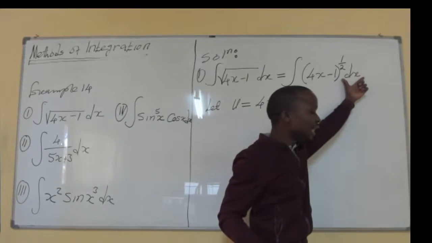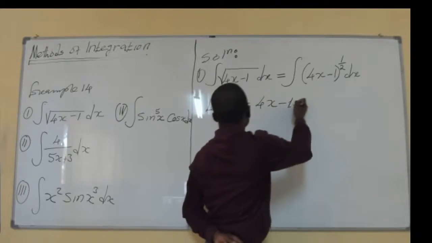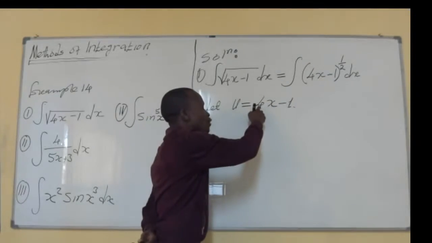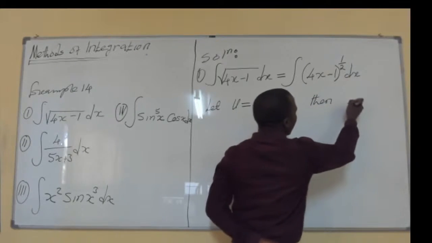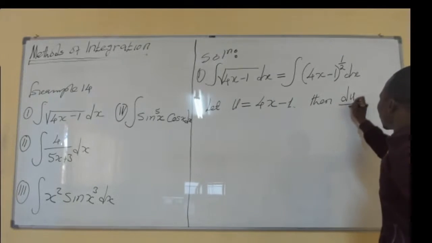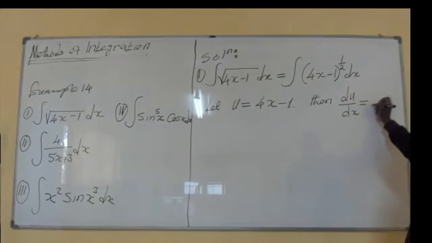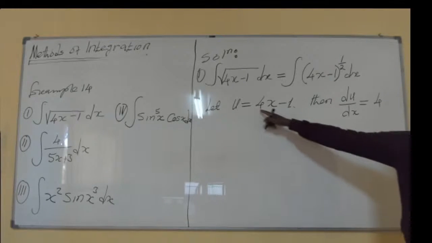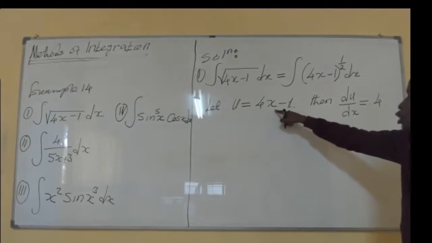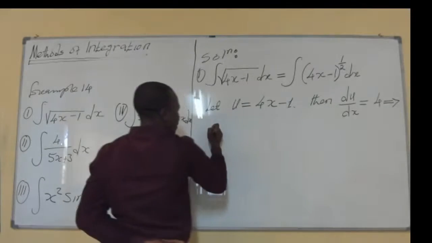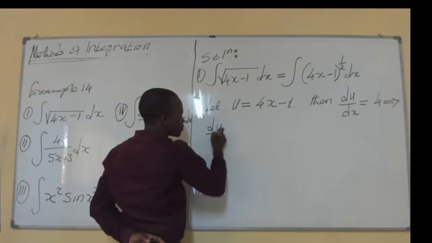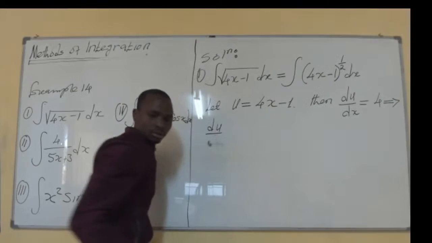If you let u be equal to 4x minus 1, then du dx gives us 4, because the derivative of 4x with respect to x is 4, and the derivative of negative 1 is 0.